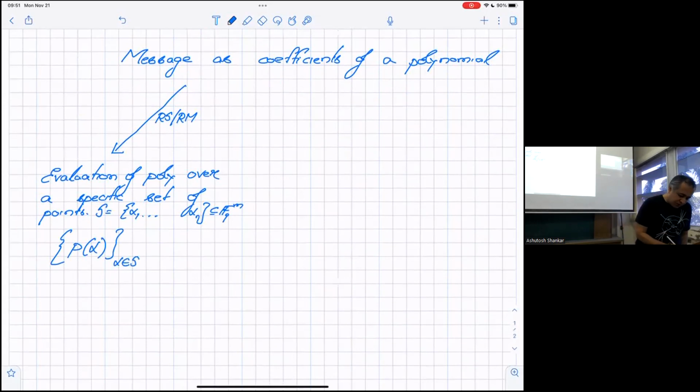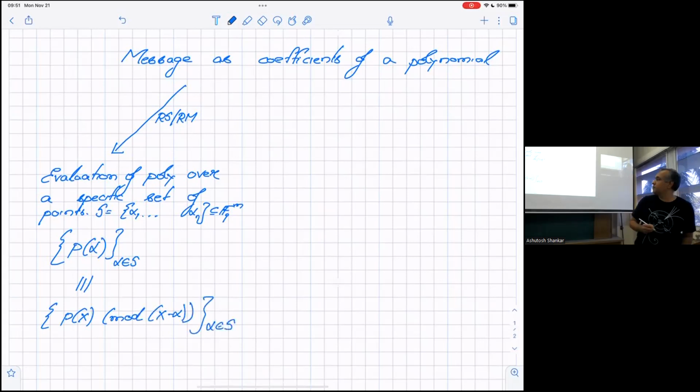Equivalently, I could also view this as giving P of X mod X minus alpha, for each alpha. This is exactly the same thing. When you divide P of X by X minus alpha, the remainder will exactly be P of alpha.